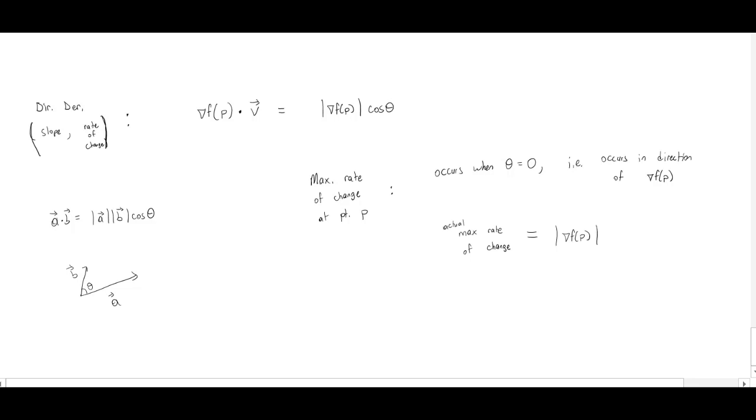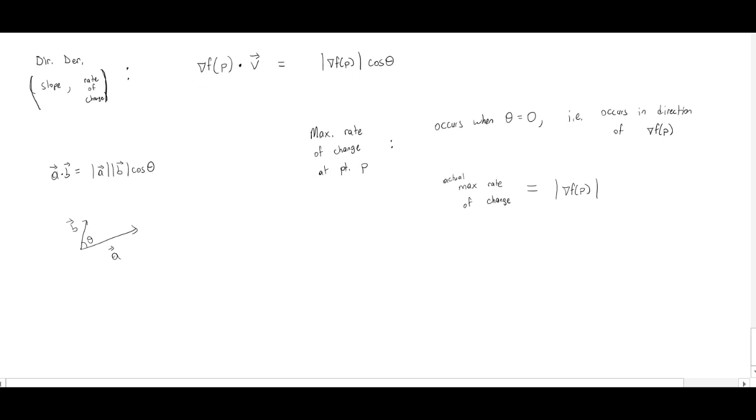So that would be the actual rate of change at the point P in the direction of the gradient vector itself. And this is the largest or maximum possible rate of change, all right? So in other words, if you're standing on the graph at the point P, or above the point P, the largest slope on the graph would occur if you moved in the direction of the gradient vector. And the actual slope would be the length of the gradient vector, okay?